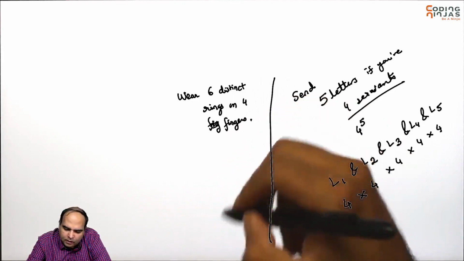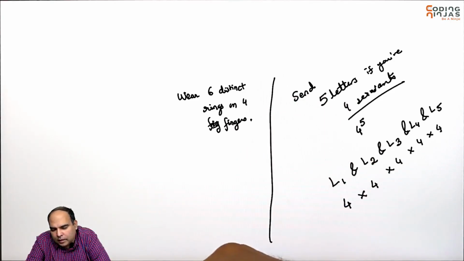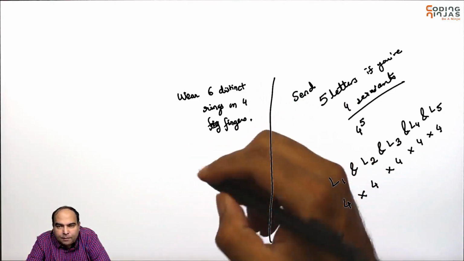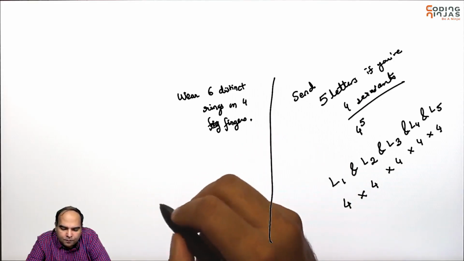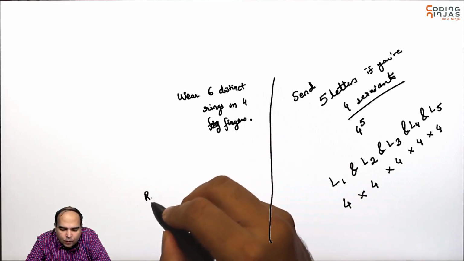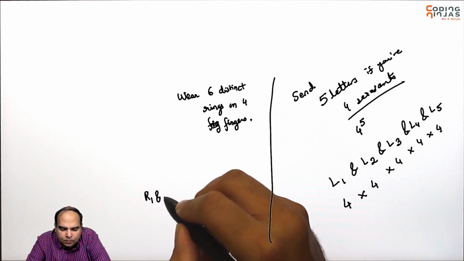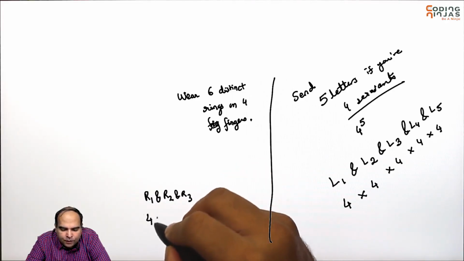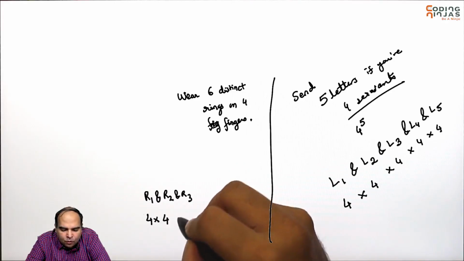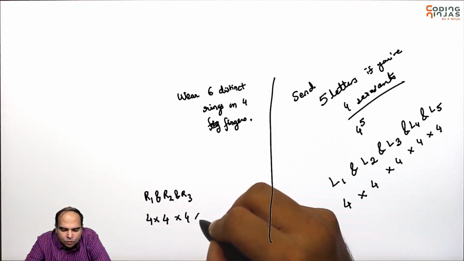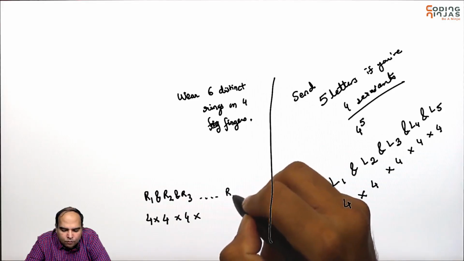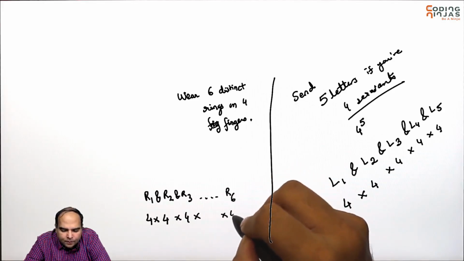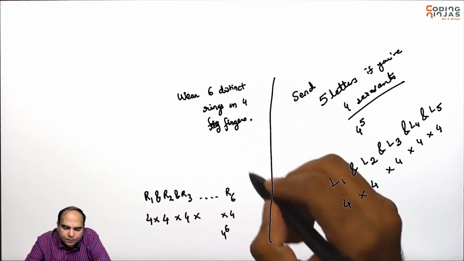Again, you can think about this through MNP: your first objective is to wear ring 1, your second objective is to wear ring 2, your third objective is to wear ring 3, and each objective can be fulfilled in 4 ways, because every ring can go onto 4 fingers. So when you wear the 6th ring, your answer would be 4^6.